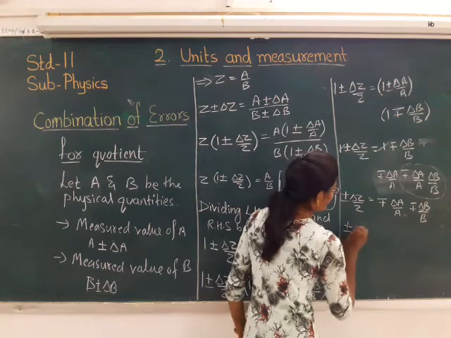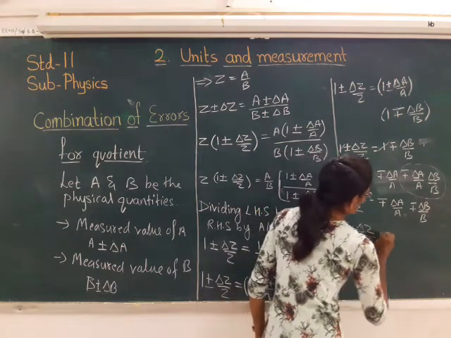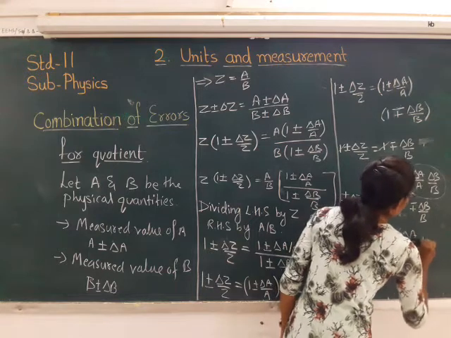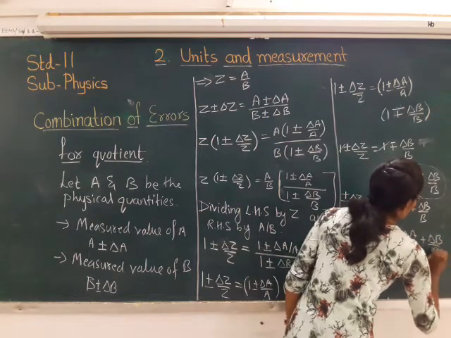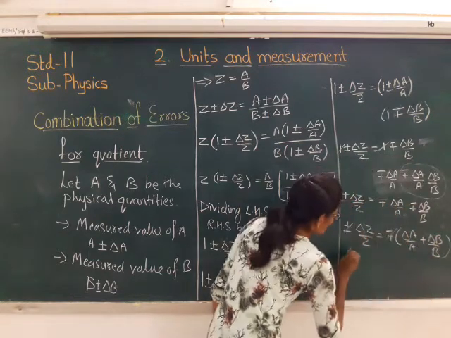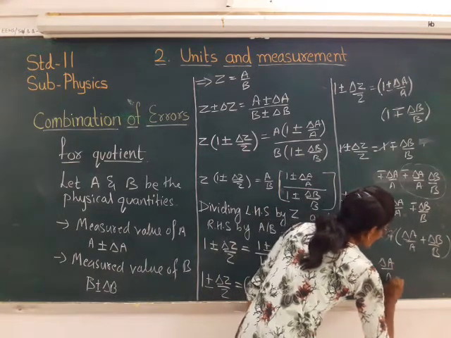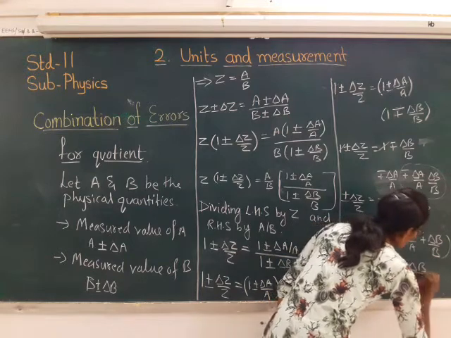Again we can also write like this, delta z by z equals minus plus delta a by a. You can write in this form also. So delta z by z equals delta a by a plus delta b by b.